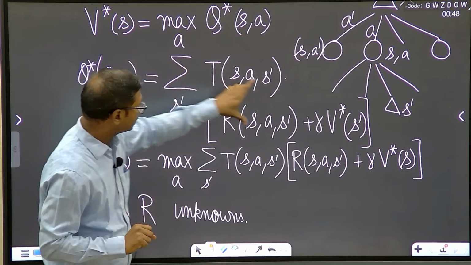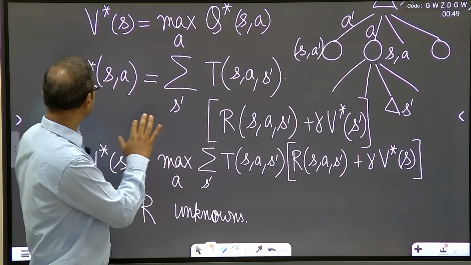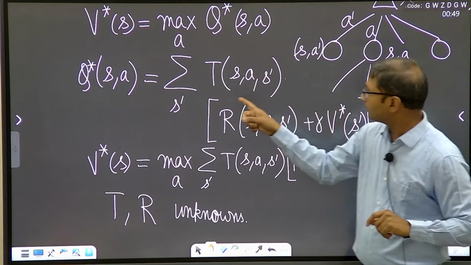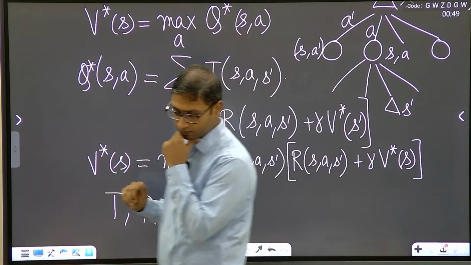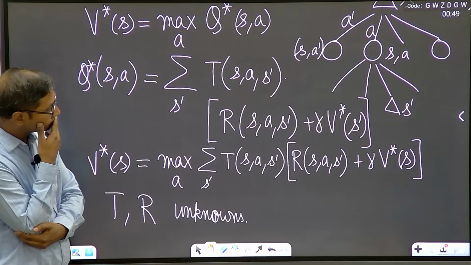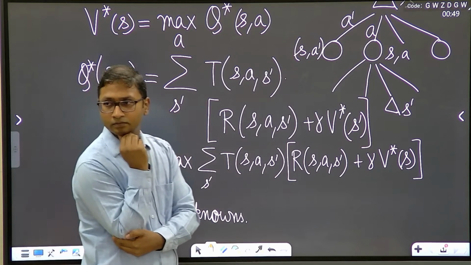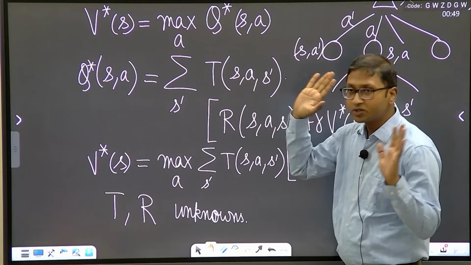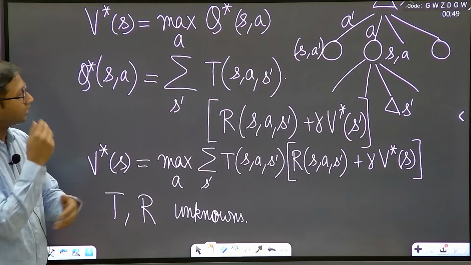Now if you see this whole thing, this Q star SA, these T S A S prime and then you take summation over all S prime, what is this whole thing giving me? See, so what should sum to 1? Let's put it this way. What should sum to 1?